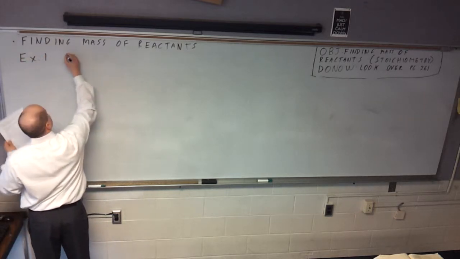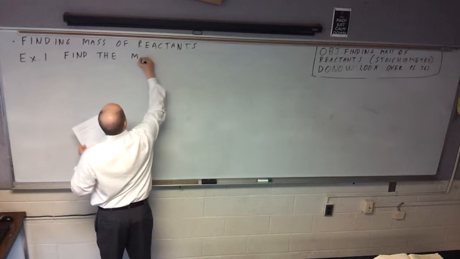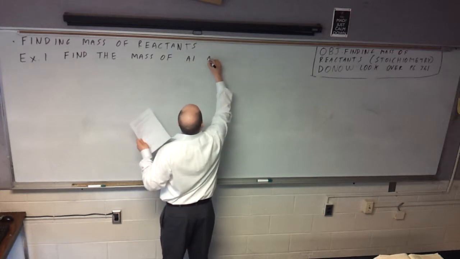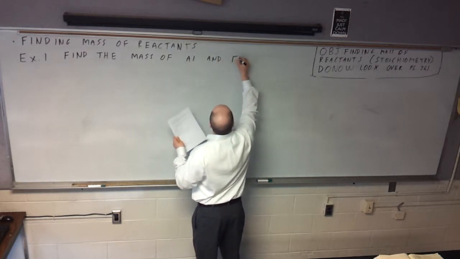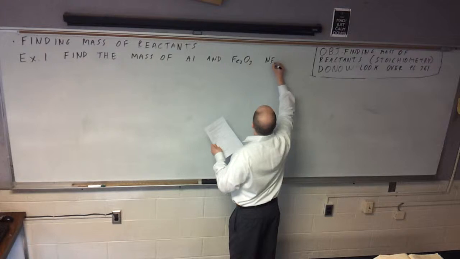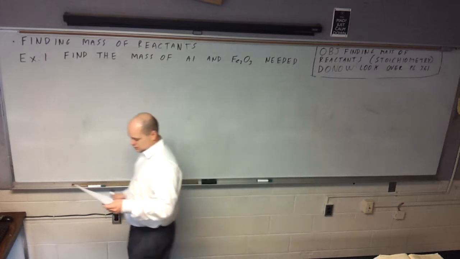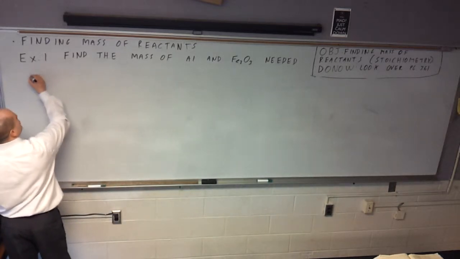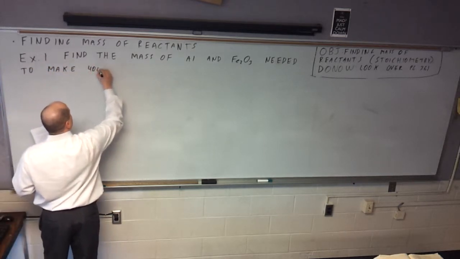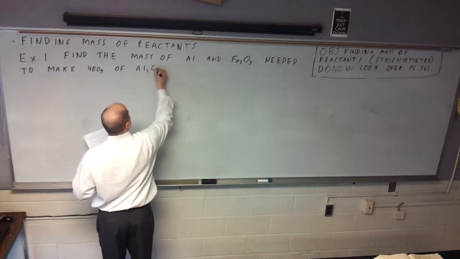All right, this will be: find the mass of aluminum, and iron 3 oxide, needed to make 400 grams of aluminum oxide, Al2O3.